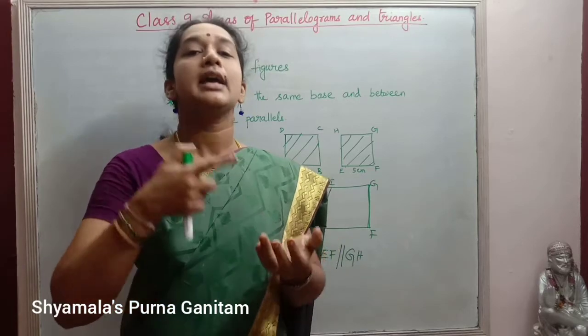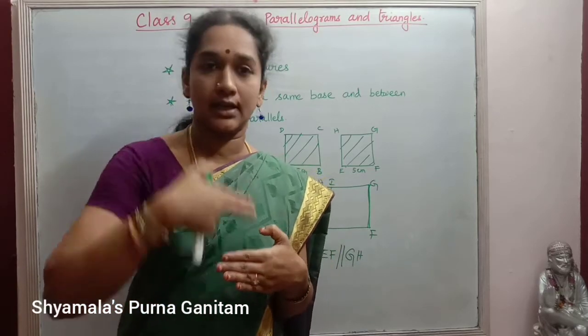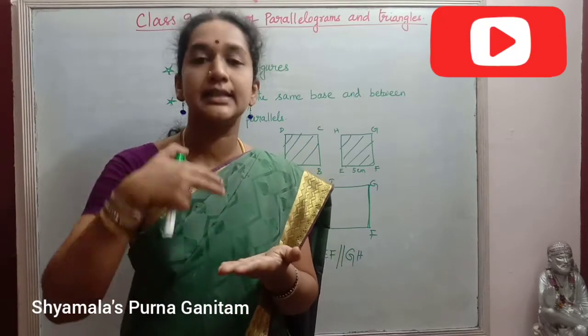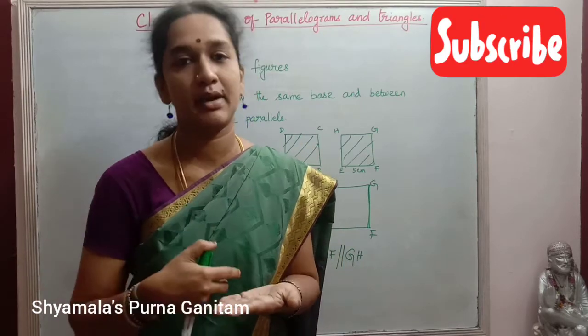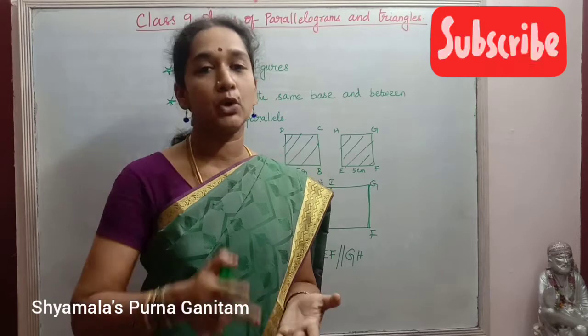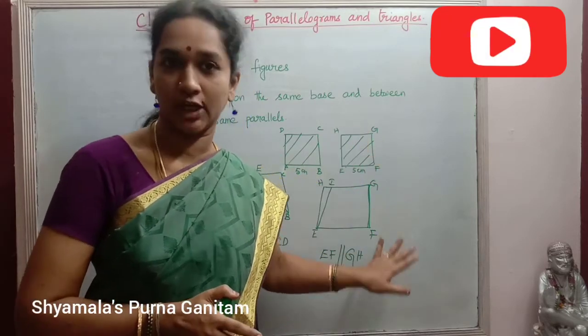The other one is a parallelogram and a triangle on the same base that lie between the same parallels. These are the two important things that we are going to see in this chapter.